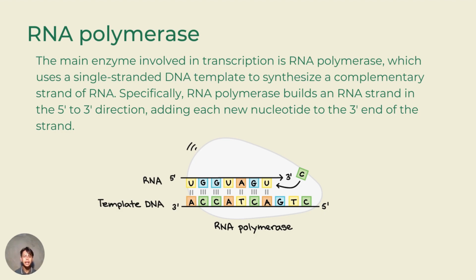So, they are just opposite of each other. The template DNA is in the 3 to 5 direction, while the RNA strand is in the 5 to 3 direction. The transcription process makes a complementary strand of mRNA in the nucleus.